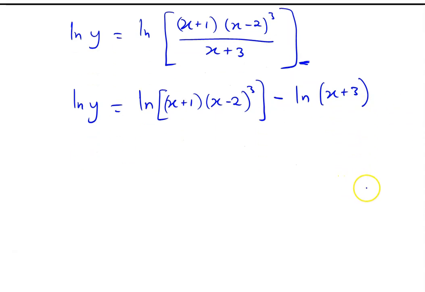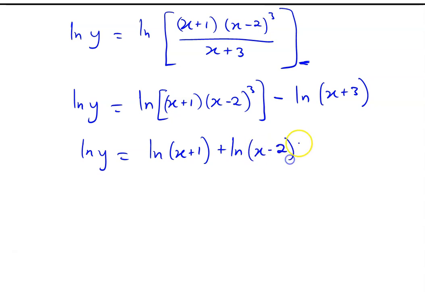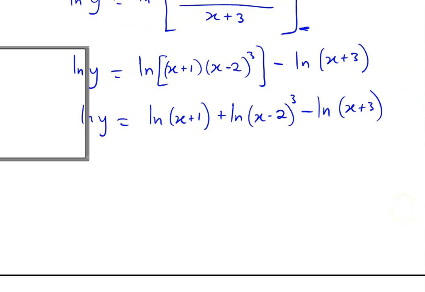Yes, very good. So we can still split this into separate ones. We have ln y equal to ln(x plus 1) plus ln((x minus 2) all cubed) minus ln(x plus 3). Very good. Now you see this side, we can still reduce it because it's exponent of 3.